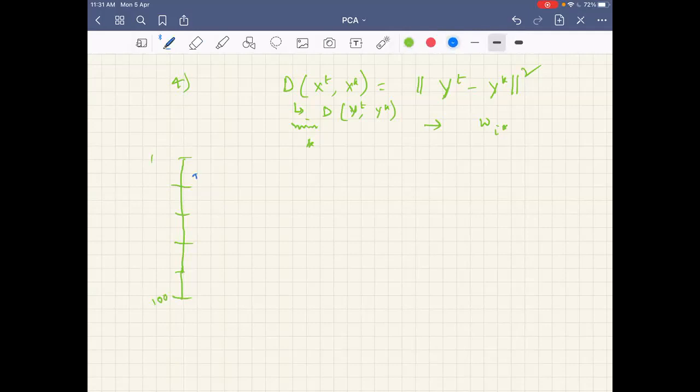So these 4 folds are for training, and the last fold is for testing the first time. Next time, this fold is for testing and these 4 folds for training. Next time, this one may be for testing and these for training.